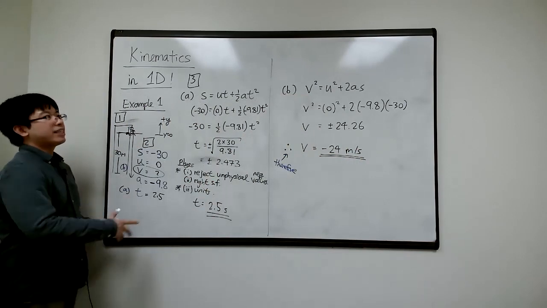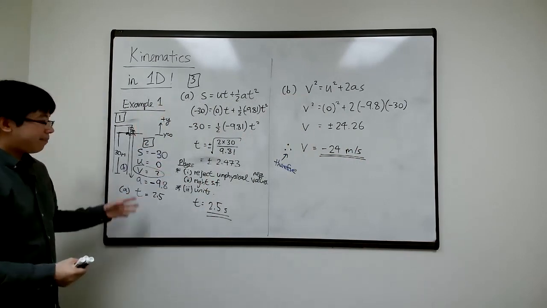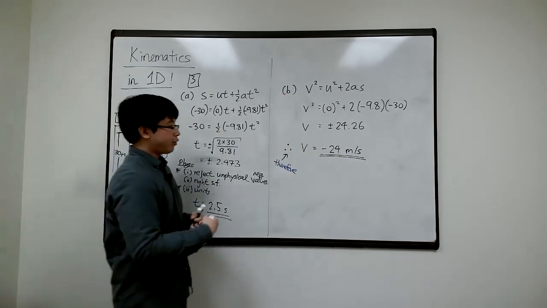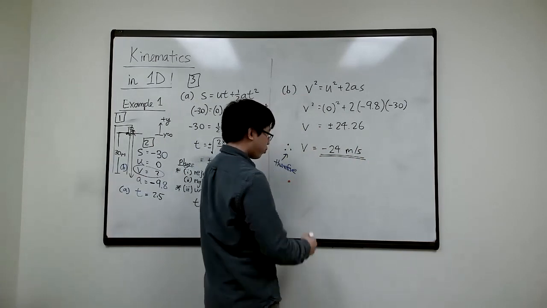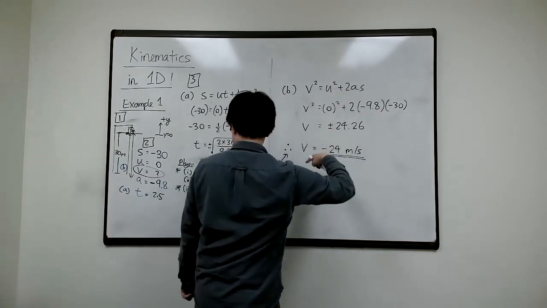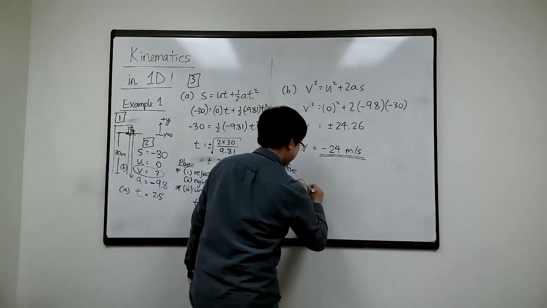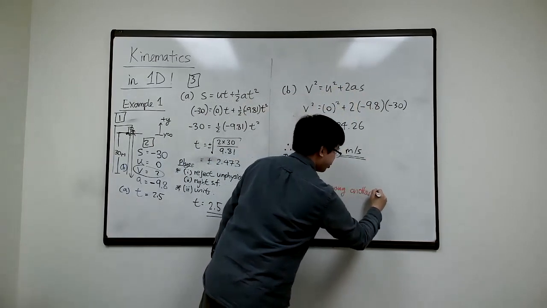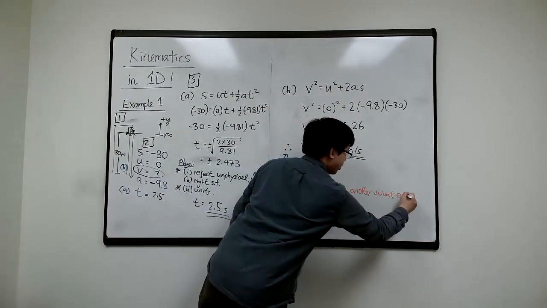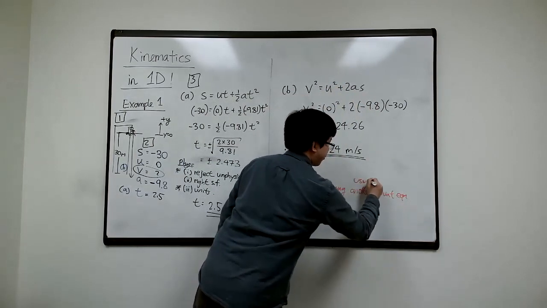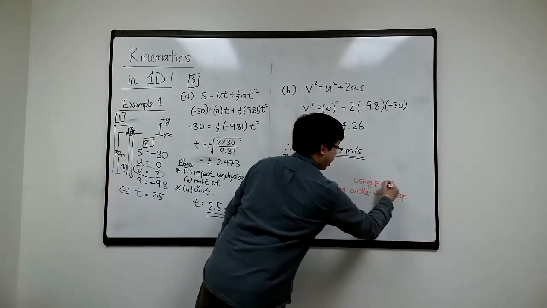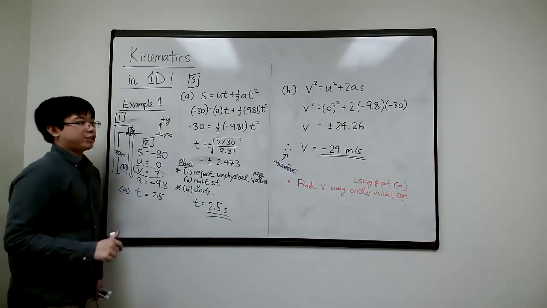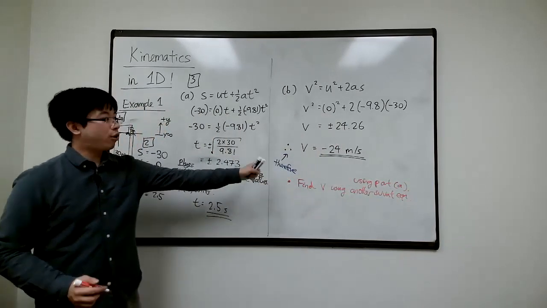Right, so you can see that once you have these equations memorized, this is how you apply them. So now I have 2 challenges for you. Try to find V using another SUVAT equation, using your answer from part A. In principle, you have to use another one, and see if you get the same answer after the rounding.